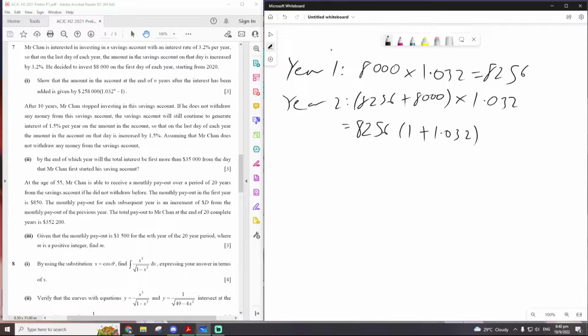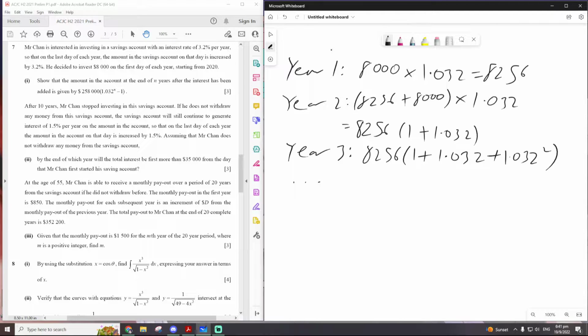This is 8256 already, so I can multiply this by 1.032. Year 3, I can do the same thing. I will get 8256 times (1 plus 1.032 plus 1.032 squared), because the idea is I'm going to add 8,000 then pay the 1.032 at the end. So that 8,000 times 1.032 will give me the new 1 and the 8256. Then everything else will go up by 1 power.